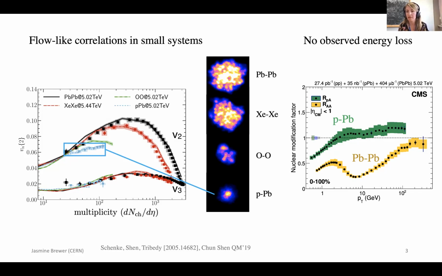But on the flip side of that, there's been no observation of the suppression of hard probes. Whereas in lead-lead collisions, there's a strong suppression in this case of the yield of hadrons as a function of pT, this substantial suppression is not seen in proton-lead collisions.